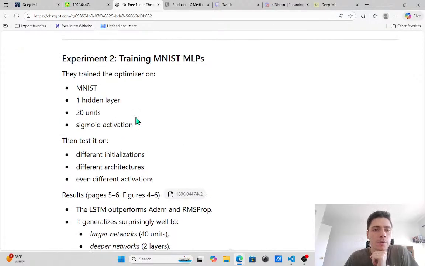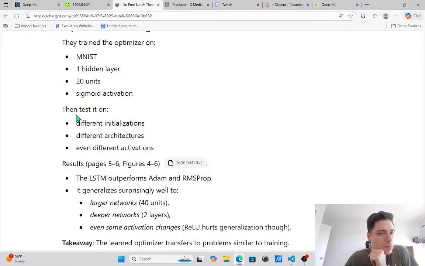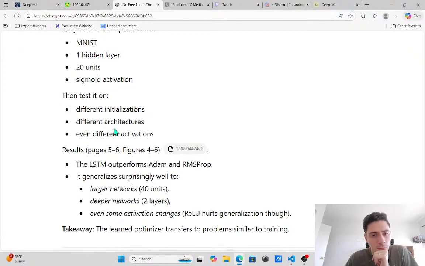Let's read the experiment. One hidden layer, 20 units, sigmoid activation function. And tested it out with different initializations, different architectures, different activations.